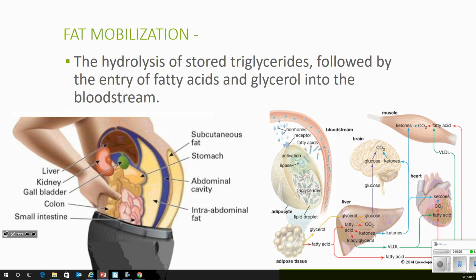Now we have to be careful. If we make too many ketones, we end up with ketoacidosis, which I think we talked about in the last chapter, or it's in this chapter at the beginning. Can't remember.